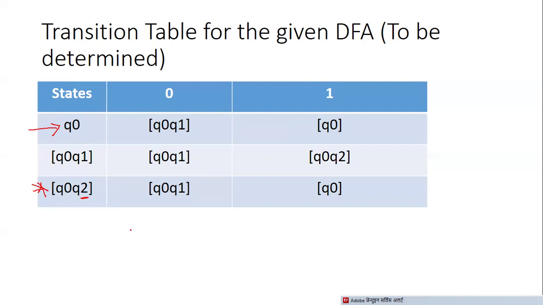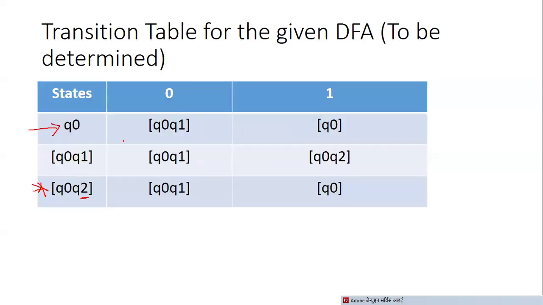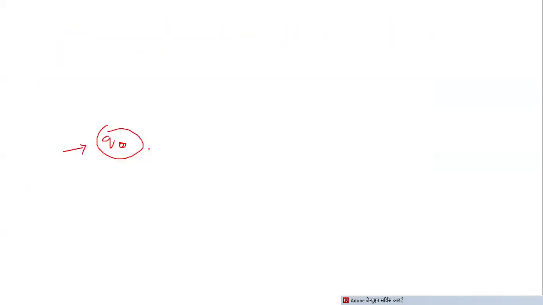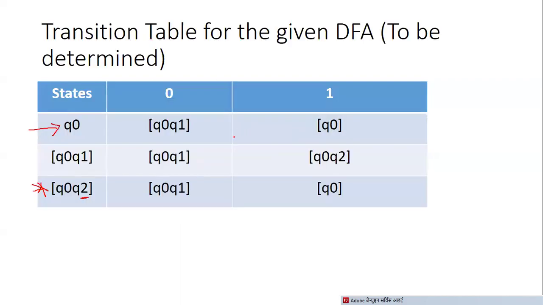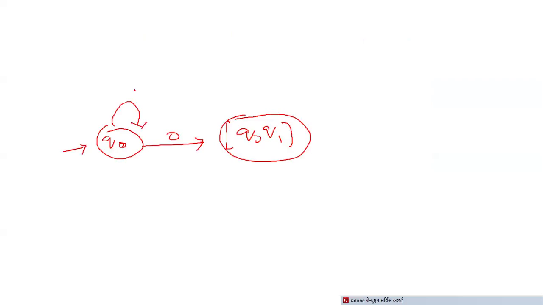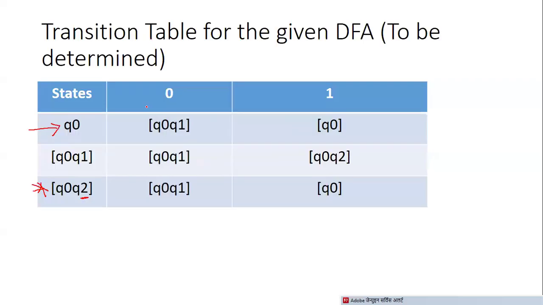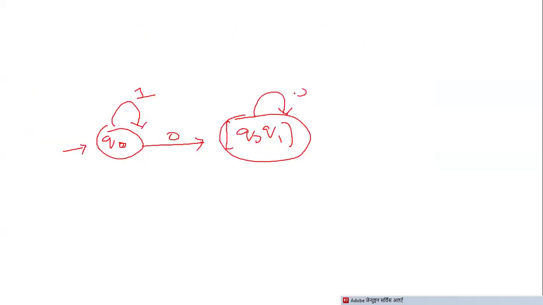Now we can draw a diagram. Say for example, here this is Q0. Q0 is my initial state. And from Q0, if I give 0, it goes to a new state {Q0, Q1}. So 0, this is {Q0, Q1}. This is the new state. And if I give 1 to Q0, it will be in the same state. And for {Q0, Q1}, if I give 0, it will be in the same state. If I give 1, it goes to a new state, {Q0, Q2}.